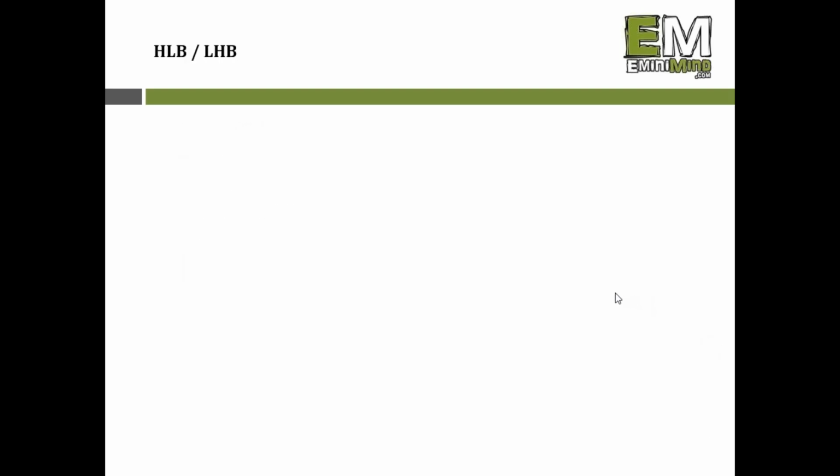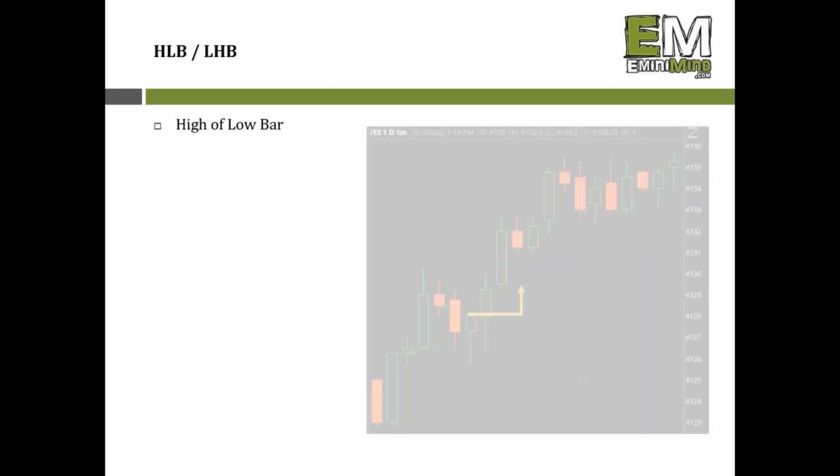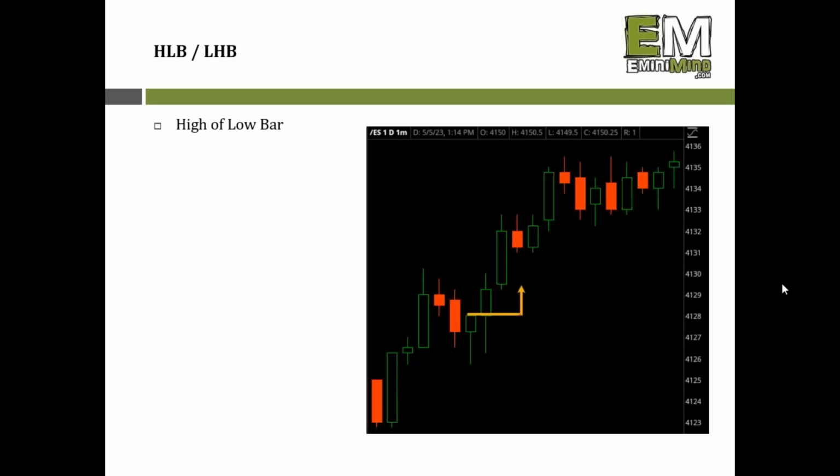And so I coined that high of low bar or low of high bar, which just means when you break, in the case of a hammer, the high price of that bar, and the low bar part is the hammer is the lowest bar in the pullback, so the highest price of the lowest bar in the pullback.